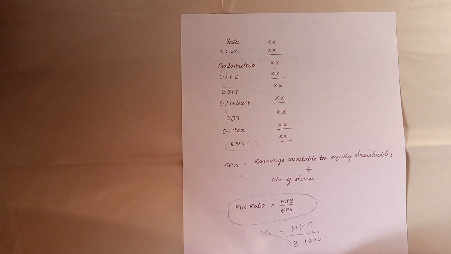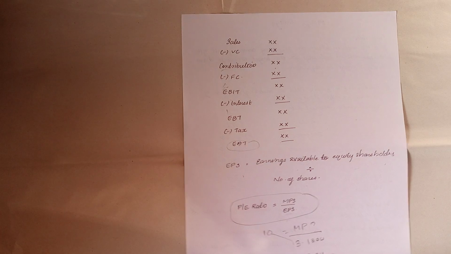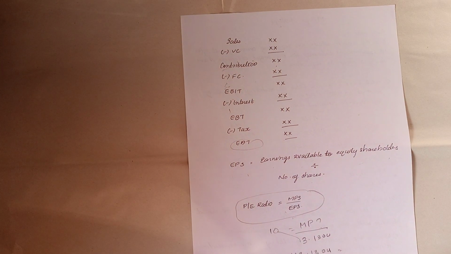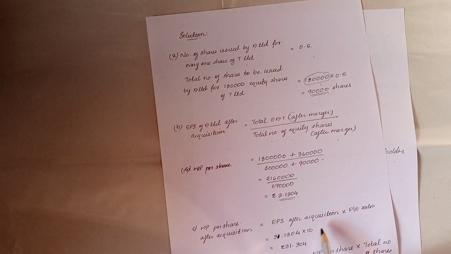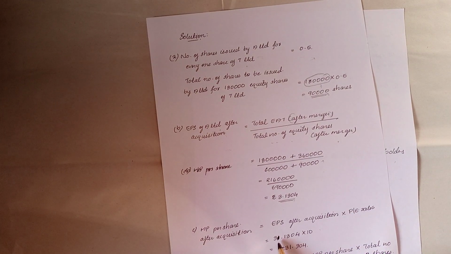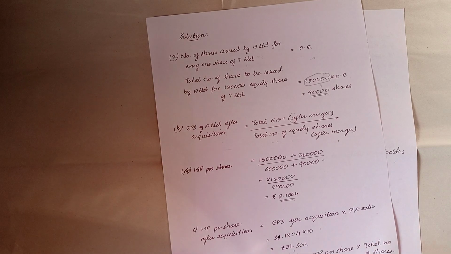It becomes 10 into 3.1304, so MP, the market price, will be 31.304. I'll show the answer. EPS after acquisition 3.1304 into 10, that is the PE ratio of the acquiring company, gives rupees 31.304.